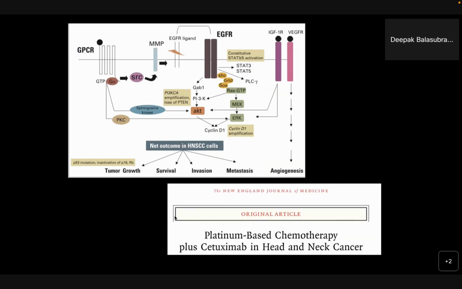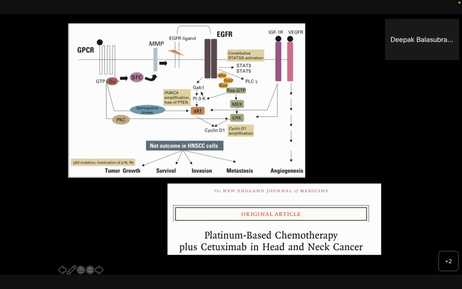So this is another more elaborate diagram, and this is in context with platinum therapy in head and neck cancers and cetuximab. Cetuximab works against EGFR. It blocks the EGFR receptor, and hence the downstream or cascading pathway is lost. And this will help with tumor growth suppression and improvements in survival.